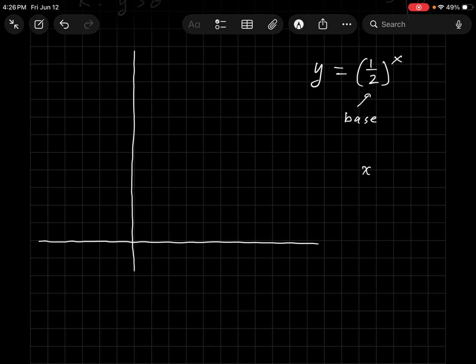Again, we can do a t-chart. I'm going to start at 0. So 1/2 to the 0, anything to 0 is always 1. And then as x increases by 1, y gets cut in half. It's a 1/2ing function, if you would.